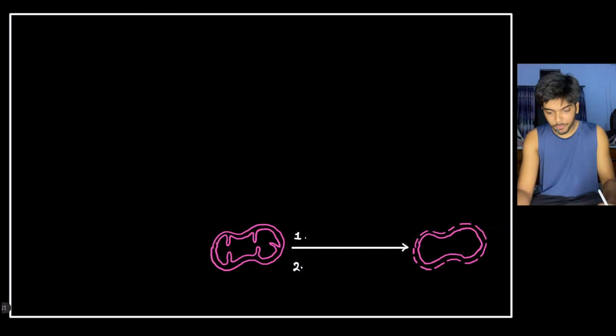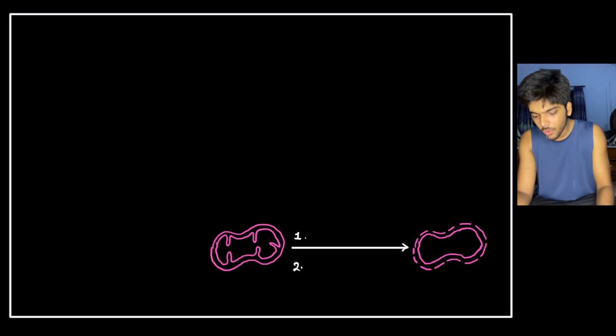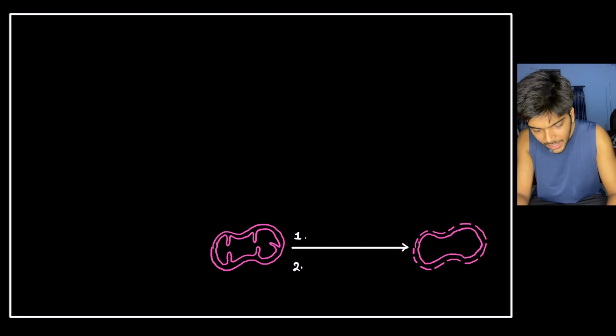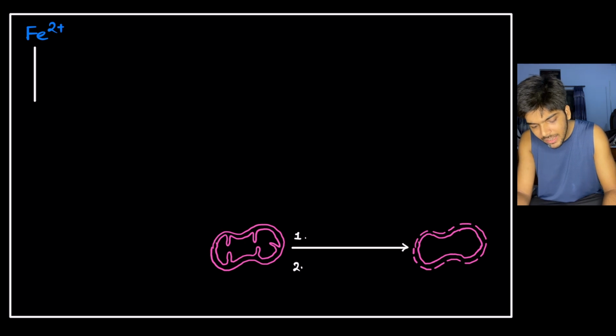As for mechanism, I'm going to give you a very simple overview of the mechanism of FERROPTOSIS because the detailed mechanism is well understood once you know free radical injury. So for now, a very superficial explanation. Within the cell, there is presence of ferrous iron. This ferrous iron goes through a specific reaction by the name of Fenton's reaction.